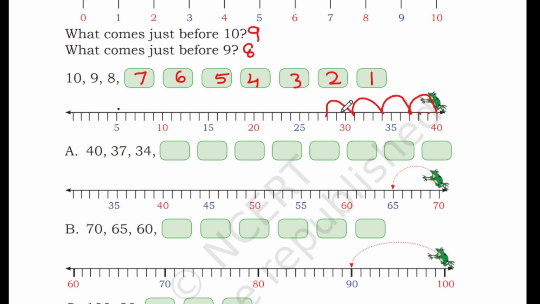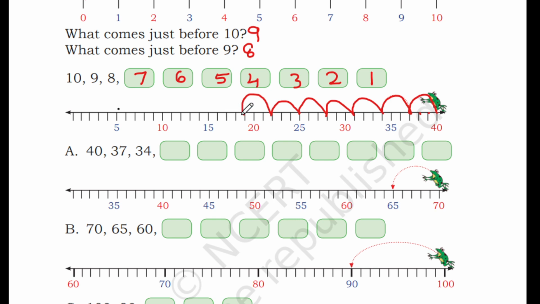So likewise you have to count 3 numbers. Alright. So from 28 again 1, 2, 3, the frog will reach 25. Again 1, 2, 3, this number is 22. So 1, 2, 3, the next one we have here, 3 jumps again, it's 19.